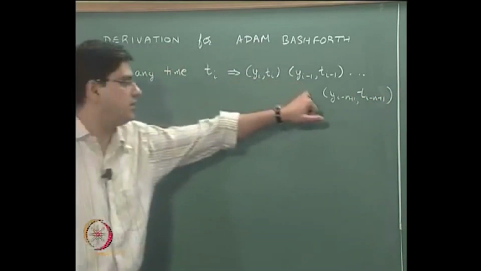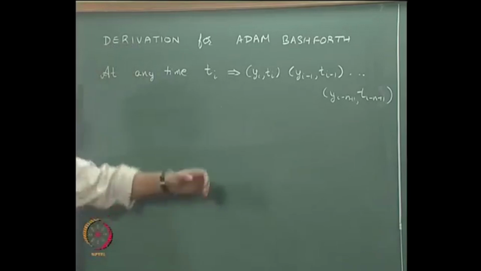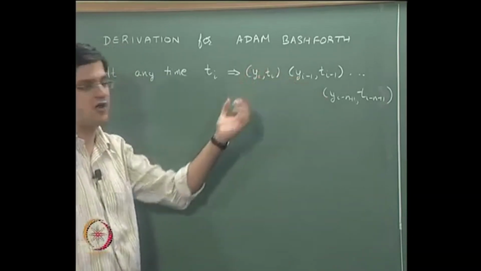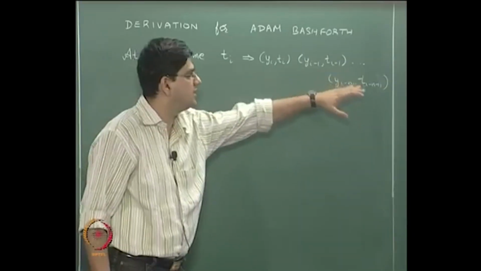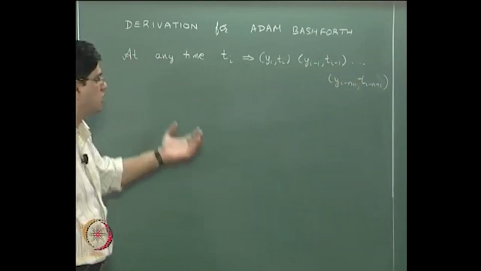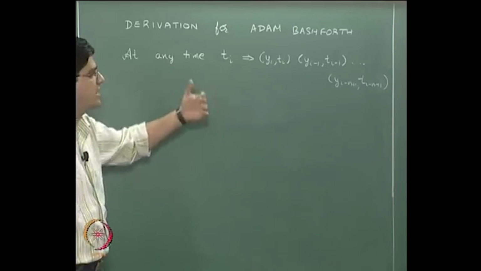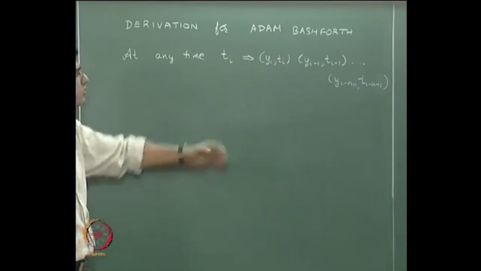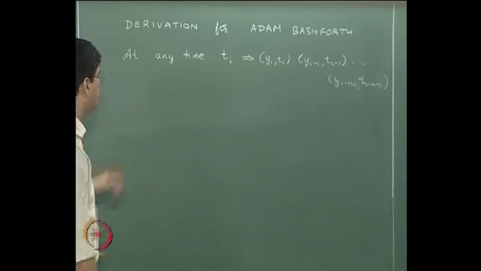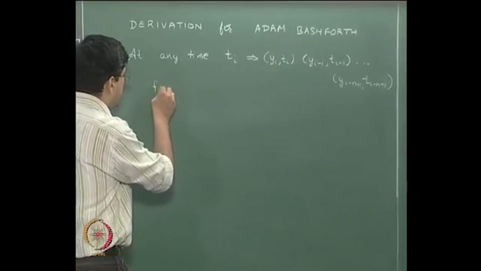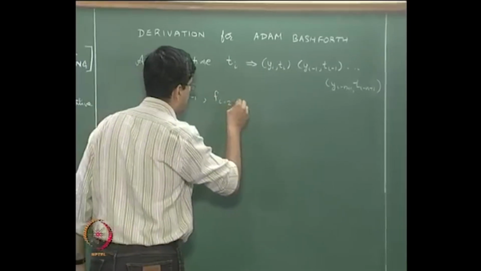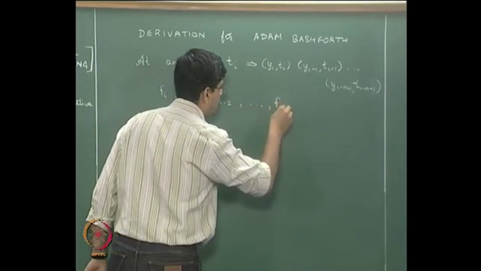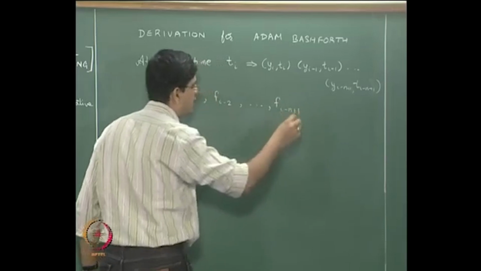Okay. So, n past data points, current and past data points, we assume are available to us. If y_i, t_i, y_{i-1}, t_{i-1} and so on are available to us, we can compute f_i, f_{i-1}, so on and so forth. So, based on this, f_i, f_{i-1}, f_{i-2} and so on up to f_{i-n+1} are known.